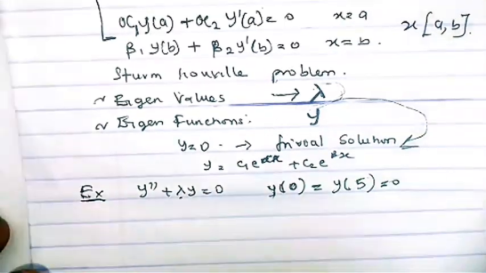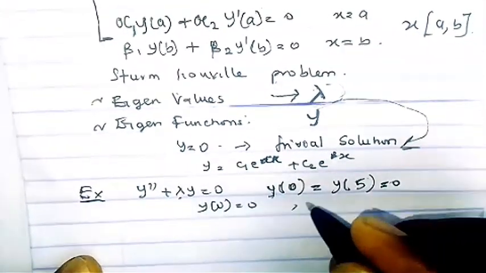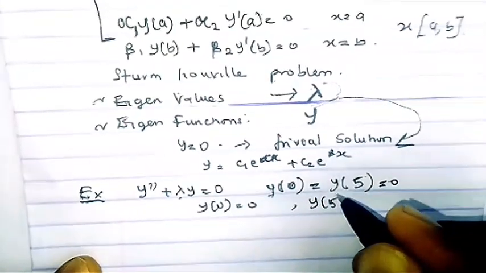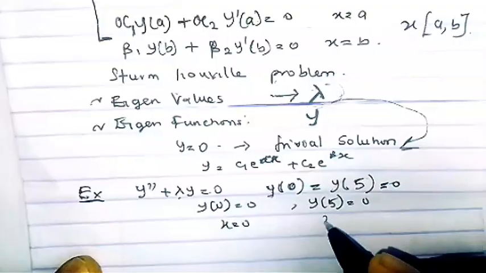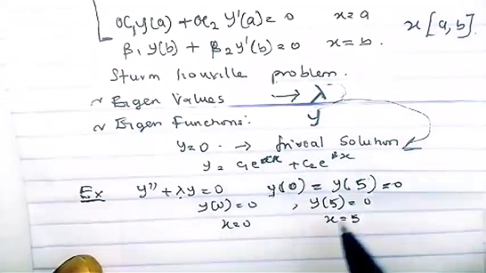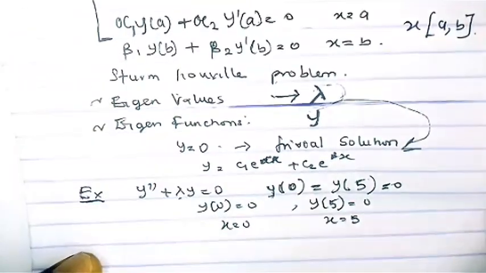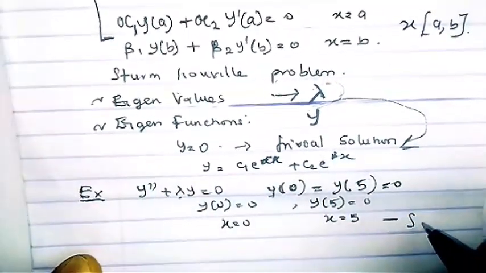So this means that y of 0 is equal to 0, and y of 5 is equal to 0. This means when x is equal to 0, y is 0, and when x is equal to 5, y is 0. That's that. So this here is the boundary condition, and this here is the Sturm-Liouville equation, which together gives us a Sturm-Liouville problem, SLP.